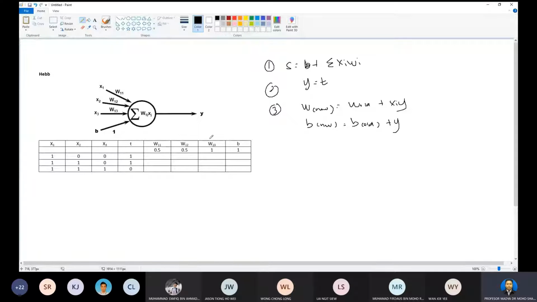You can see the initial weights here: 0.5, 0.5, and 1, and the bias is 1.